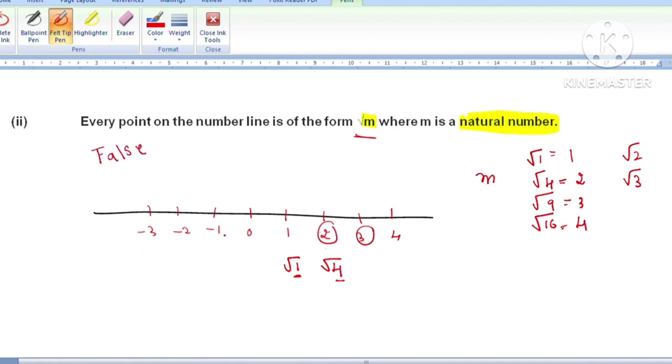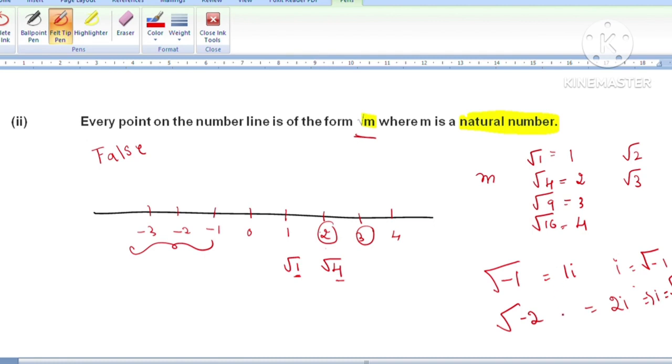And when you come to the left side, here we have negative numbers. When you take the square root of negative numbers, you are not getting real numbers. Square root of minus 1 you can write as i, where i is nothing but square root of minus 1, or square root of minus 2 you can write as root 2 i.